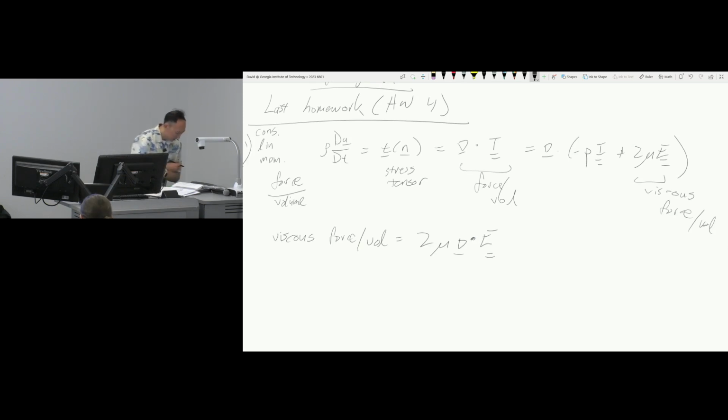And it says, hey, the viscous force per unit volume, we usually see that as something to deal with the velocity field. Remember, E was 1/2 del grad del U plus del U transpose, right? We know it in terms of the velocity field. That's why they called it Newtonian fluids, because Newton said, hey, this rate of strain, T should have information about the rate of strain, and the easiest possible information you can have is the first derivative.